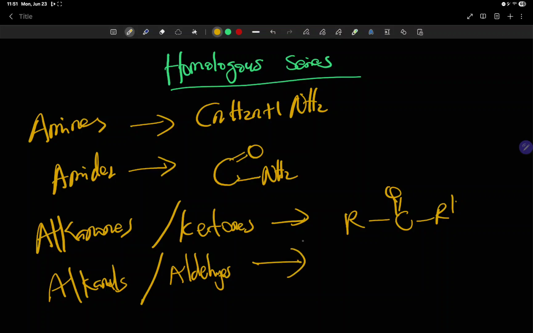So now we're having R-C-OH. This is the general formula, the functional group for alkanals.